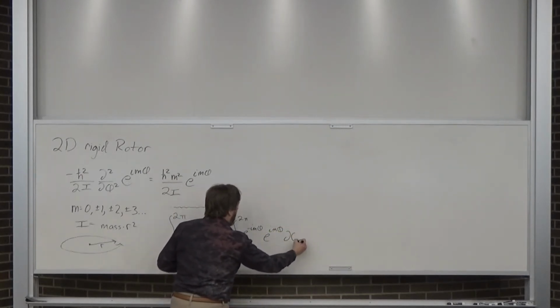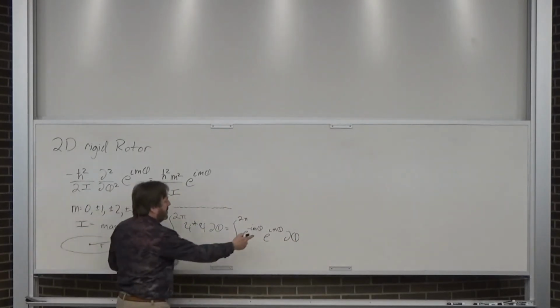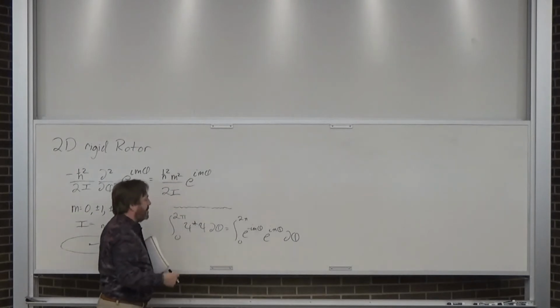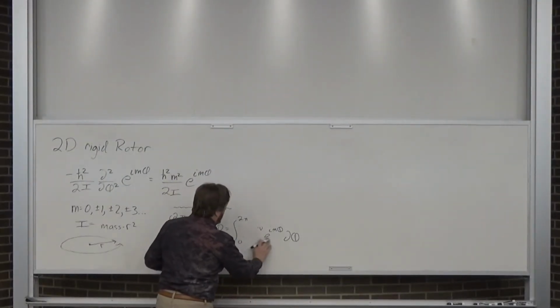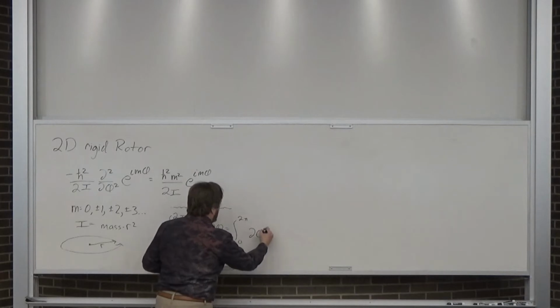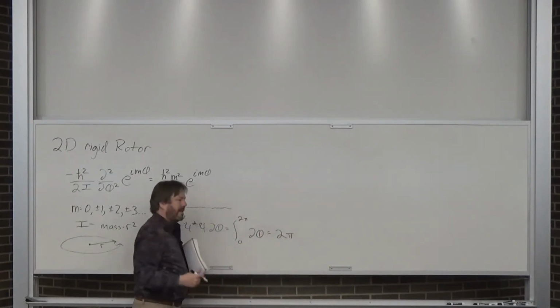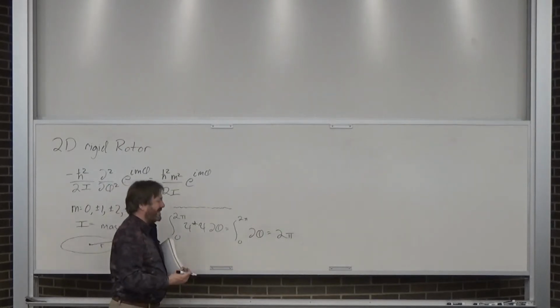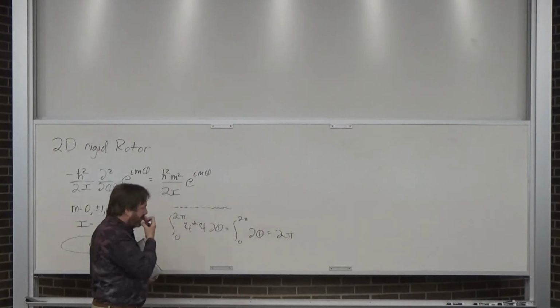So you just write m. Now e to the plus something times e to the minus that same something is e to the 0, which is 1. And it does require high school calculus, not college calculus, to look at this integral and know it's 2 pi.